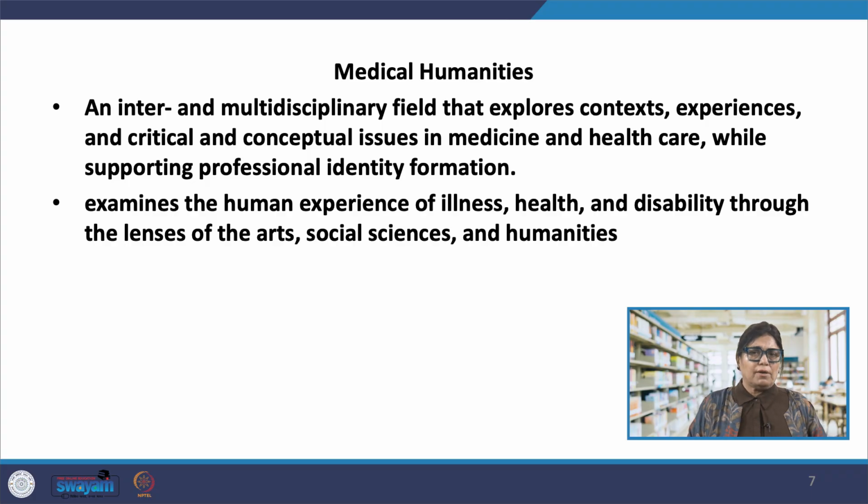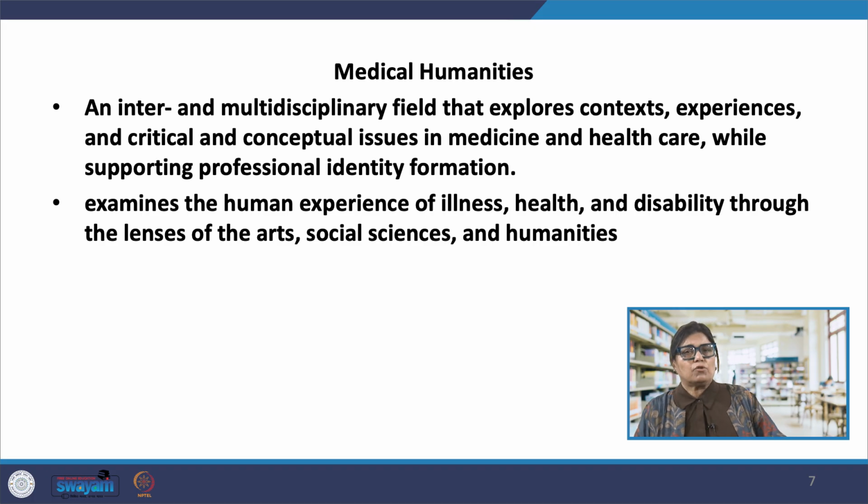It has an essential practical component, because all medical humanities knowledge carries implications for the care of patients, the professional development of students, the continuing education of physicians and residents, and/or the health of populations. Medical humanities can be defined as an inter- and multidisciplinary field that explores context, experiences, and critical and conceptual issues in medicine and healthcare, while supporting professional identity formation.